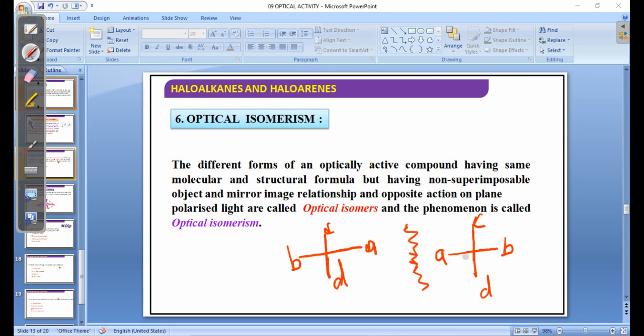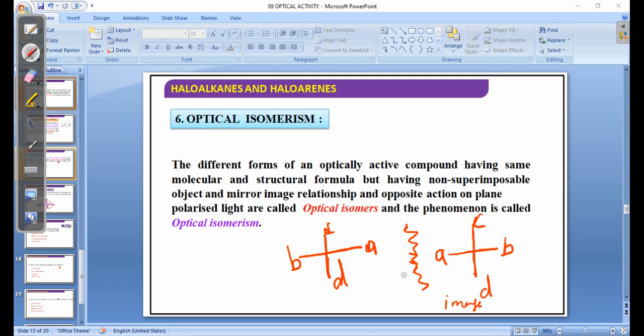Non-superimposable means if you take this image, suppose this is the image, and put it on the original one, if C comes below C, A below A, D below D, then those are superimposable. So for optical isomerism, for these optically active compounds, those should not be aligned.